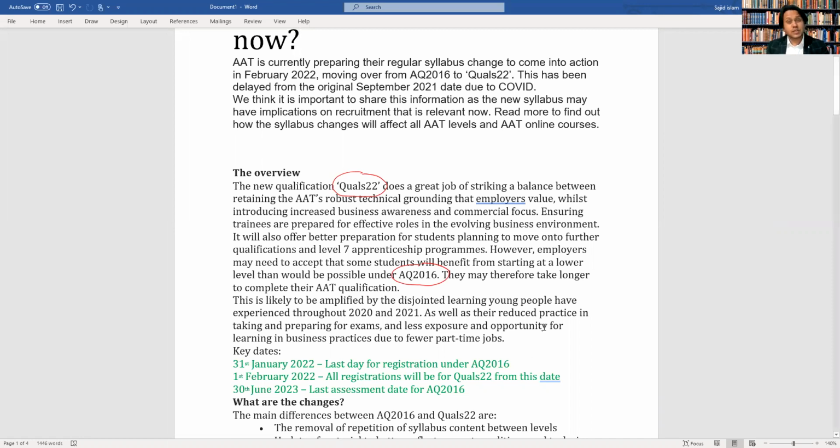What are the key dates we have for the changes? 31st of January 2022 is the last day for the registration under AQ 2016.